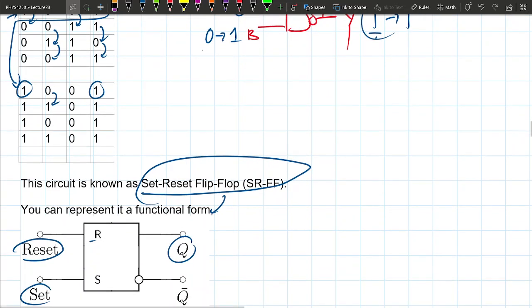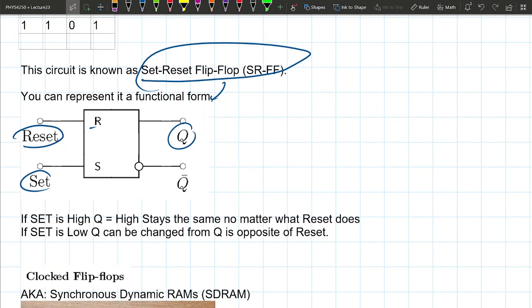So the functional thing I want you to remember is that when the set is high, the output stays the same no matter what reset does. Unfortunately, I don't like this wording. You can think about the reset as the changing input, and the set as the lock.